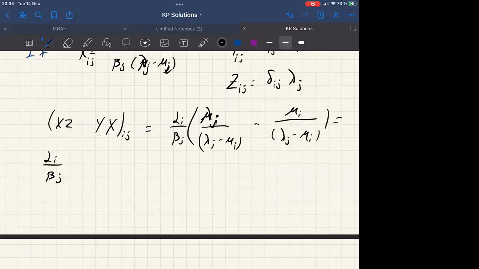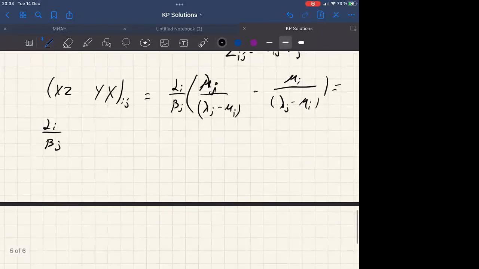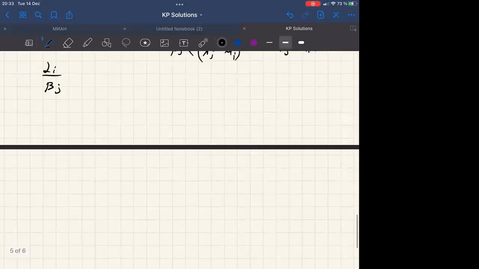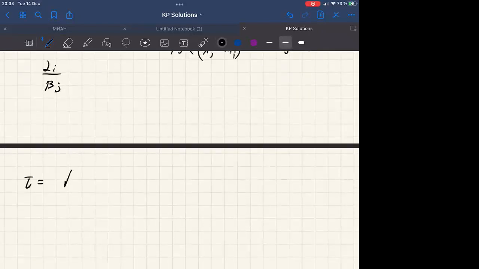Okay, so this is clearly our case, and let us obtain this solution. t equals the determinant.